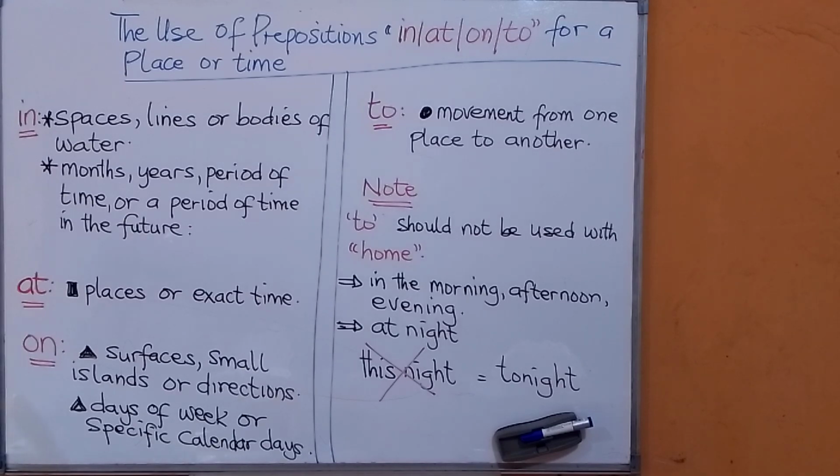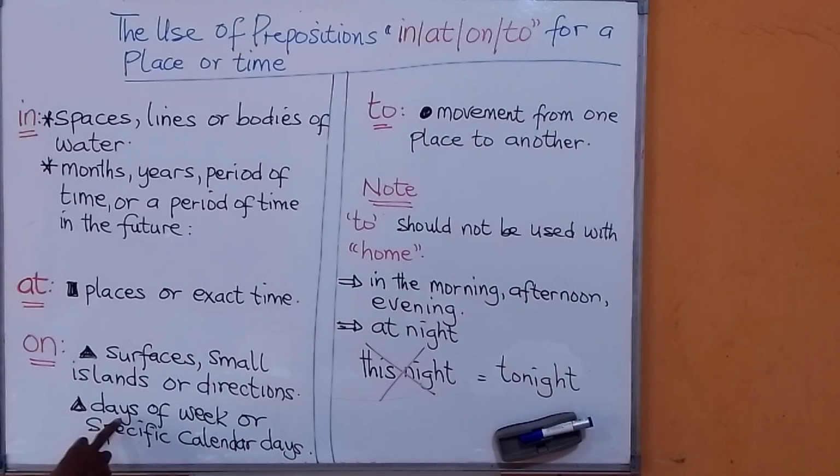Please, if you come, look straight on your right or on your left. Come on the left or on the right. Sometimes it can be for directions. Please come straight on. When you come straight on, take on the right. You are talking about directions. When else do we use on?